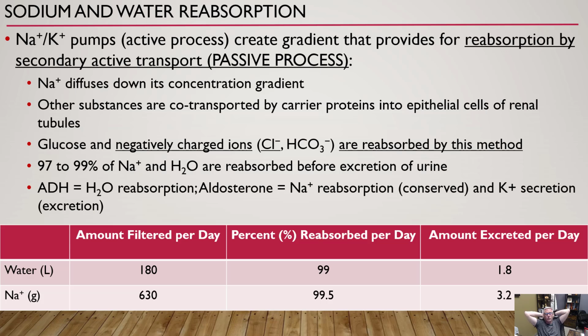And even though it says secondary active transport, it is not active in the fact that it requires ATP. It is actually a passive process. It does not require ATP. So sodium is going to diffuse down the concentration gradient, and then other substances are co-transported by carrier proteins, and that glucose and negatively charged ions such as chloride or bicarb are reabsorbed by this method.